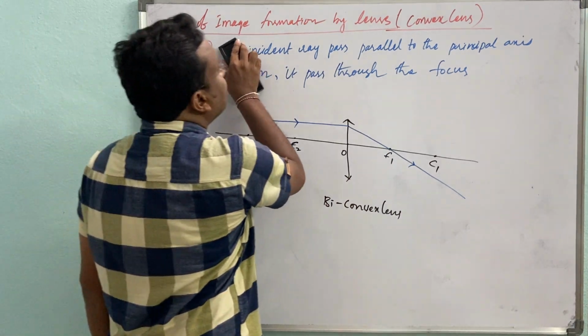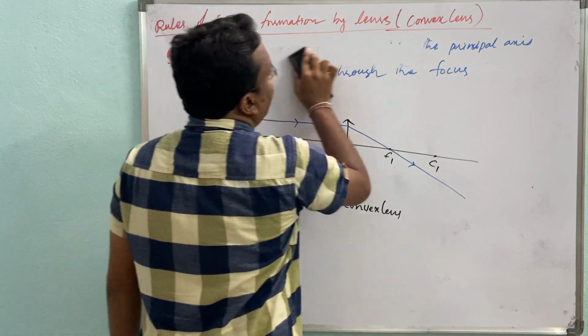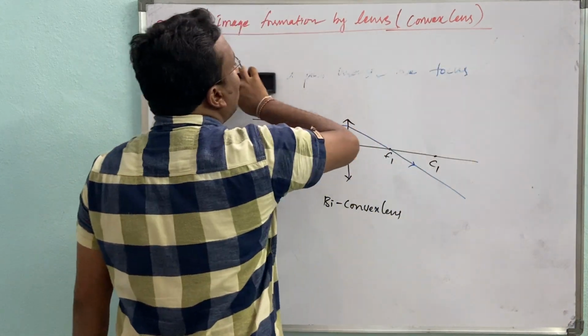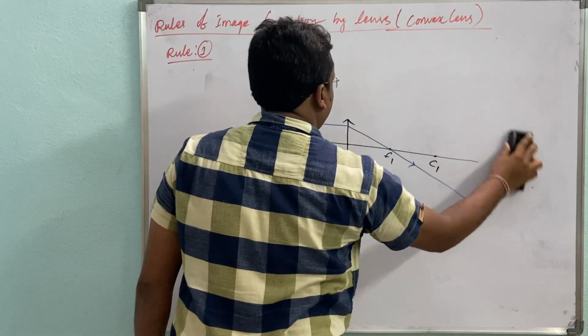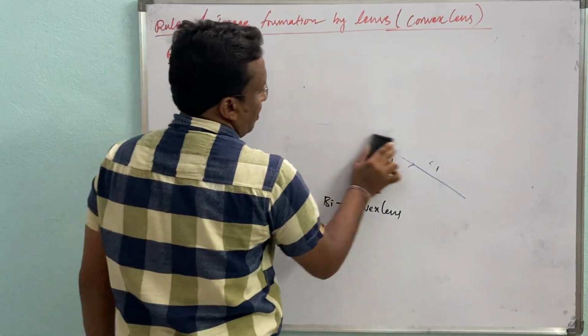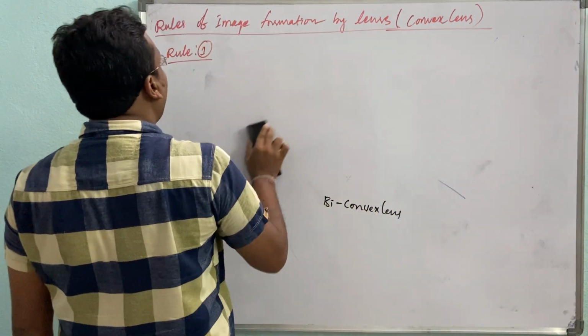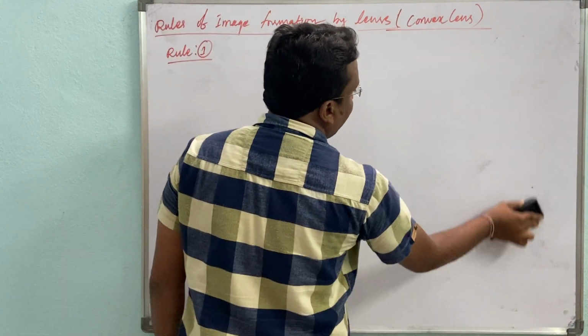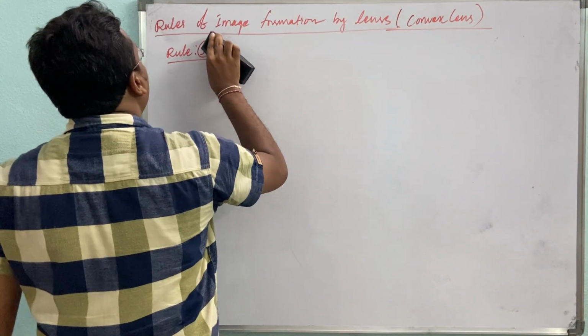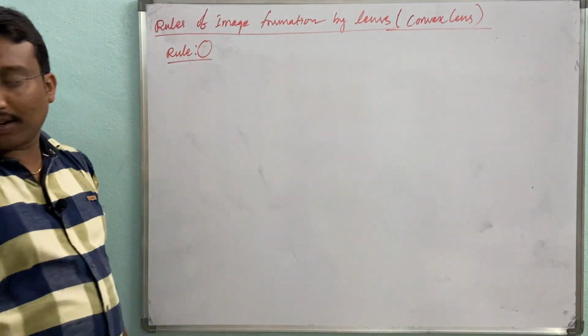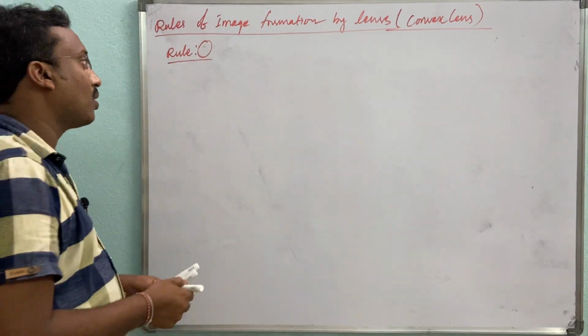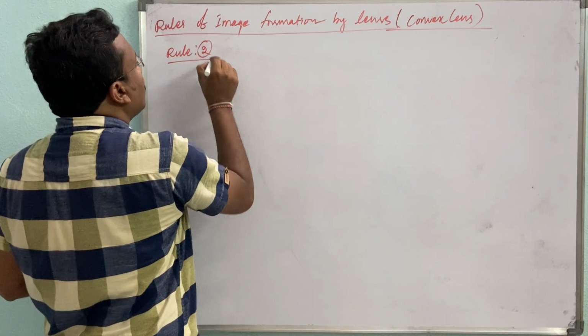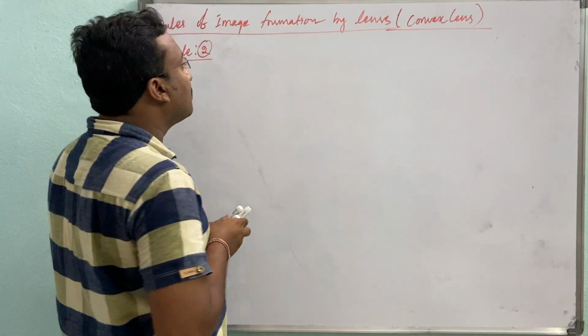Next we are going to discuss rule 2. These rules are helpful in drawing the ray diagrams with the convex lens or concave lens. Okay, right? Rule 2 says that. What is rule 2?